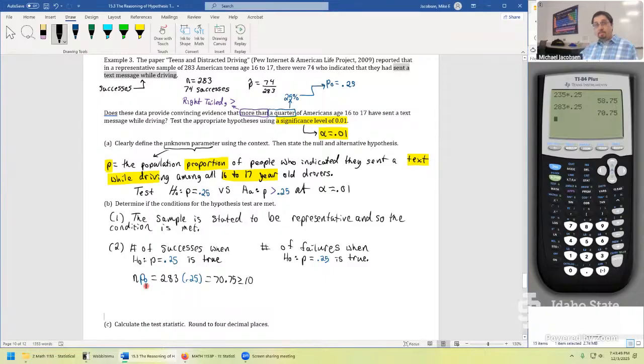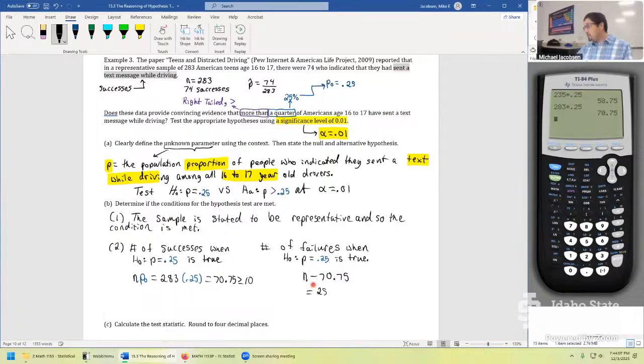You can take n times 1 minus p naught, or you can just take n minus 70.75. That's the number of expected successes right here. So subtract from the sample size, and you get the number of expected failures.